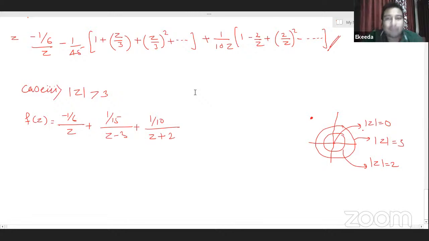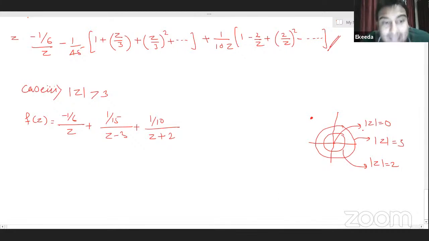It may not be there for the EXTC branch. So see, it's not about M3 or M4. For a few branches, complex integration is in M3, and for a few branches, complex integration is in M4. So therefore, I'm teaching this topic, because a few of the branches will have complex integration in M3 also. The topic is important, not the branch, not M3 or M4. Okay. So if you have this topic, you can attend, no problem. Okay. So let us move on.